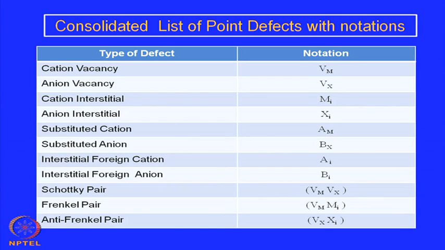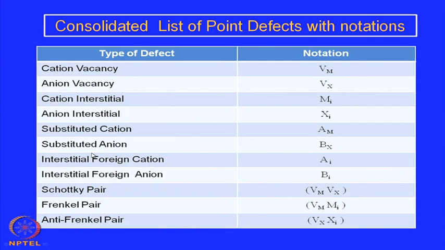Substituted cation, that is basically what we have talked about in the substitution solid solution. Of course, the notation has been used differently here. There the atom was L, but here it has been taken as A. So, A goes to the M site. In fact, as per the earlier diagram it should have been written as Lm, but for some reason it has been written as Am.